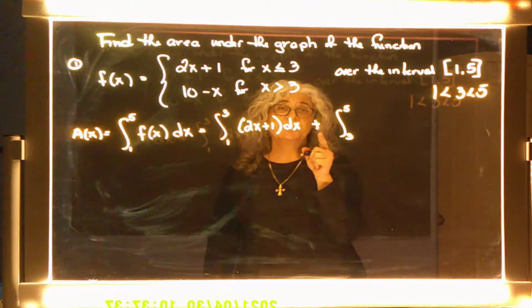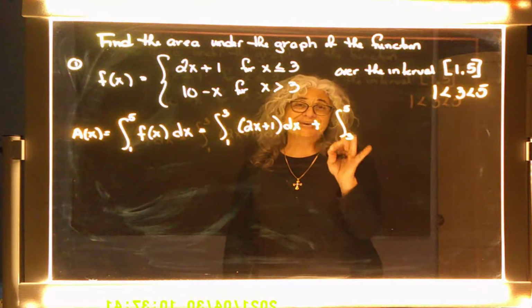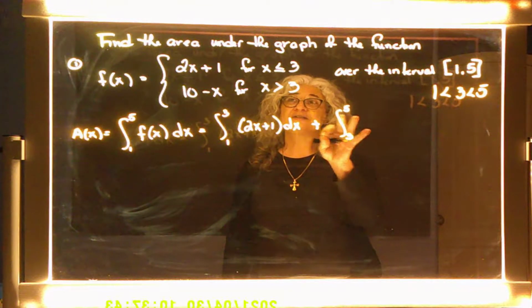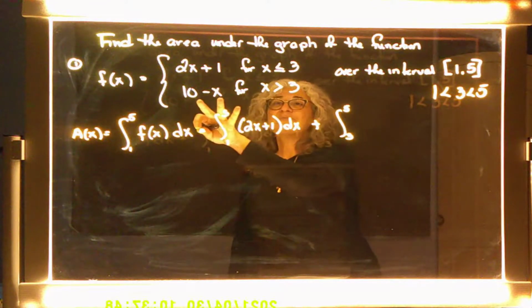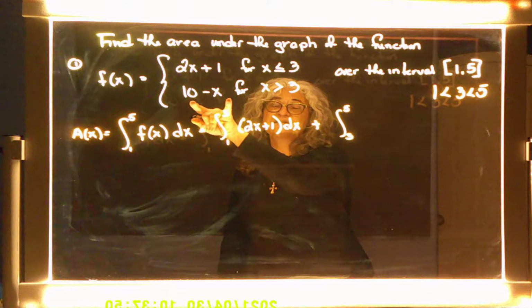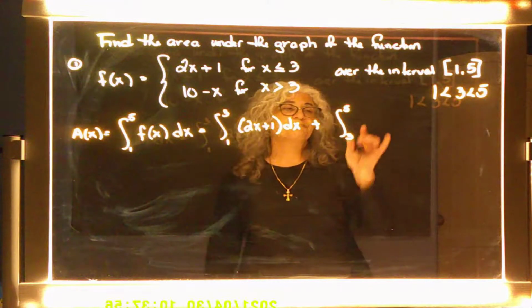Now, which piece of the puzzle, so to speak, which piece of this function allows me to use x's that are from 3 to 5? The 2x plus 1 or the 10 minus x? Yeah, the 10 minus x, because the 10 minus x is used for numbers that are greater than 3.